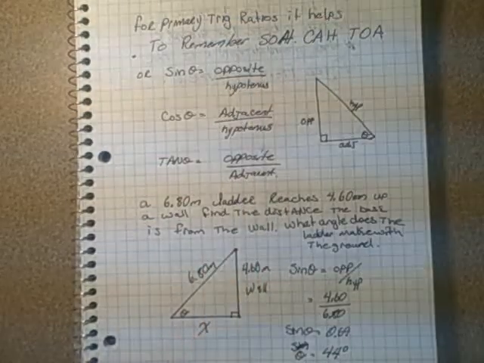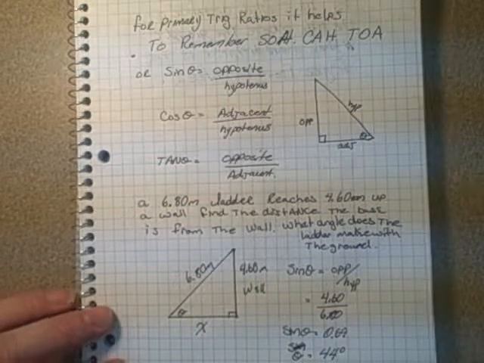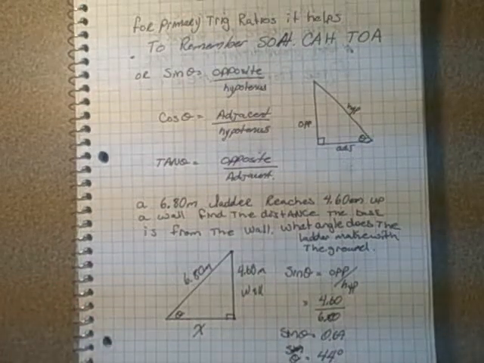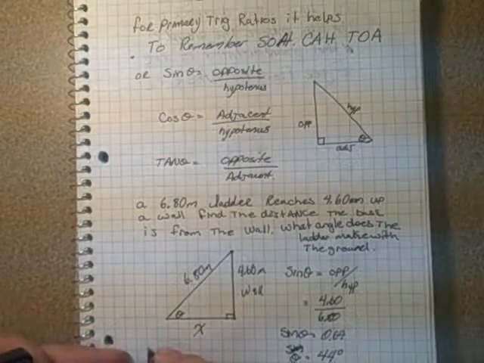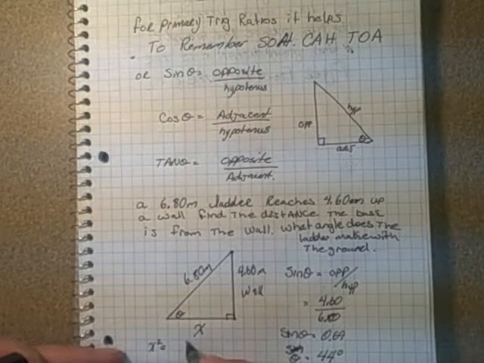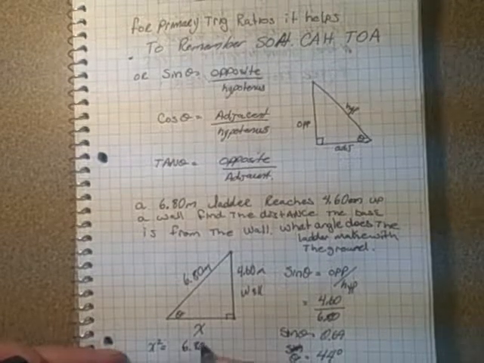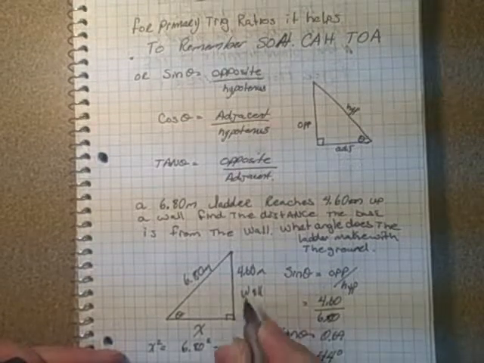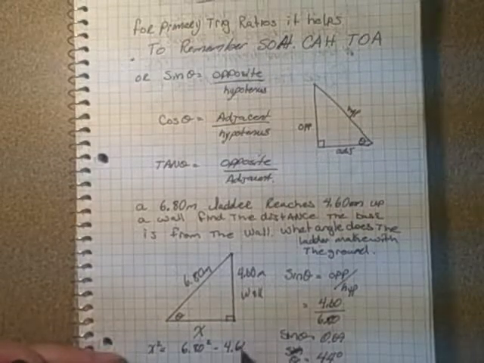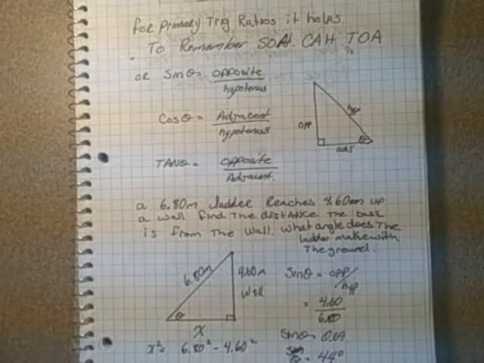Now if I wanted to find the x value, I could do it one of two ways: Pythagorean theorem, or I could use another trig ratio. I'm going to just use Pythagorean theorem because it'll be quicker for us. So x squared is equal to the hypotenuse squared, which is 6.80 squared, minus the other side squared.